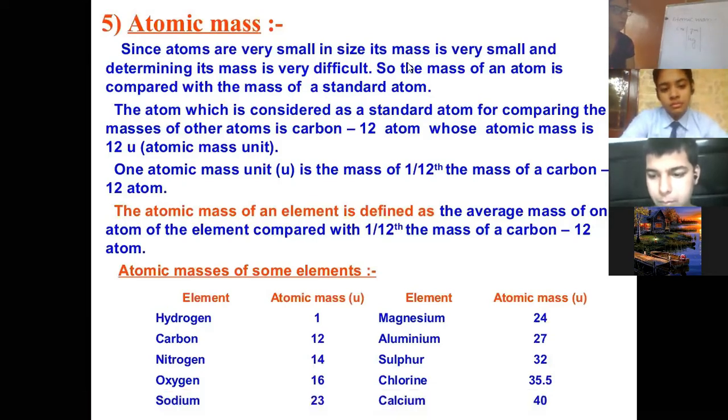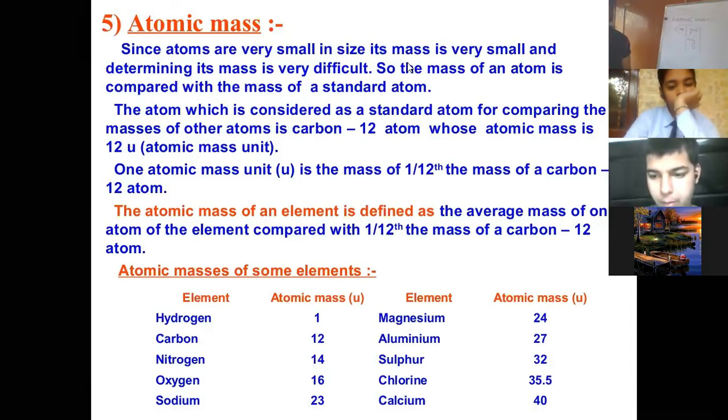But since the atom is not visible to our naked eye, it becomes very difficult to find out the atomic mass using these SI units, or the exact mass of an atom.